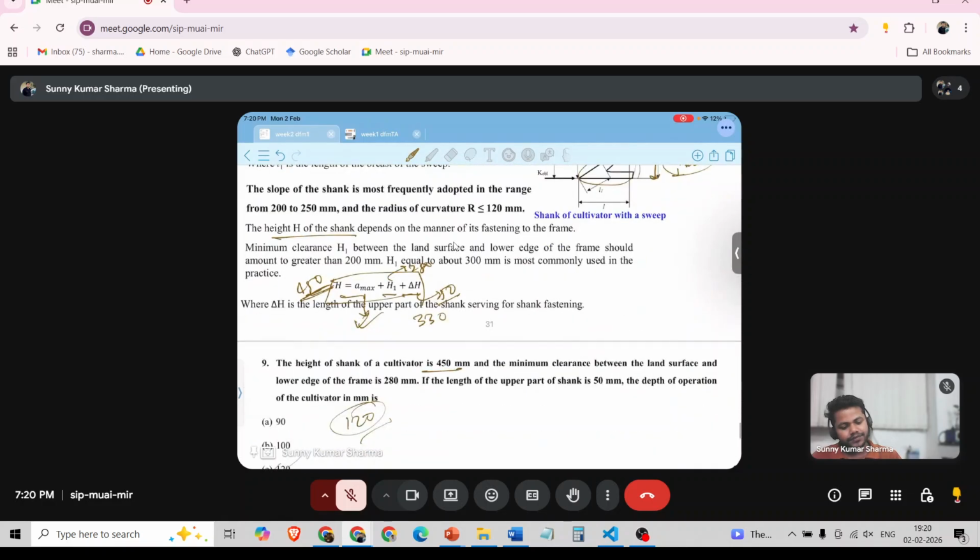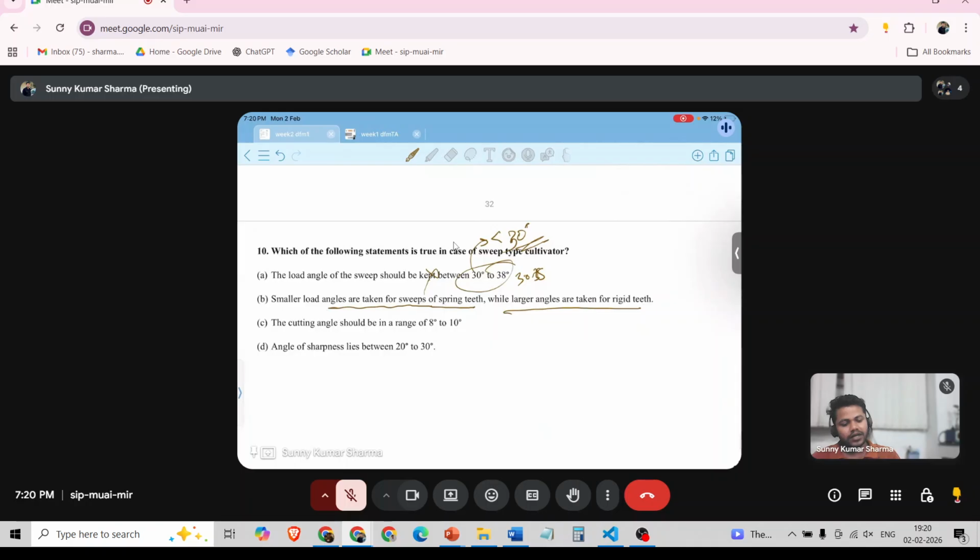But what the statement is telling is that smaller load angles are taken for sweep for spring. That is incorrect. Larger angle is with spring, and smaller is for rigid. Cutting angle should be in the range of 8 to 10 degree, and angle of sharpness lies between 20 to 30 degree.